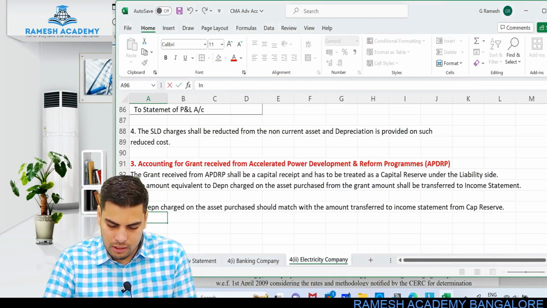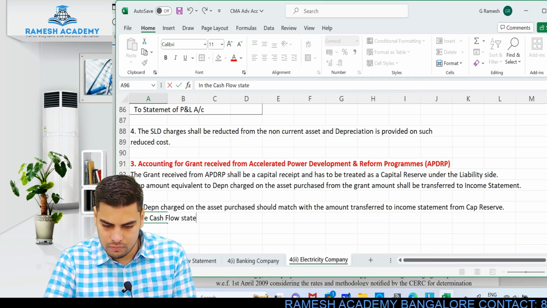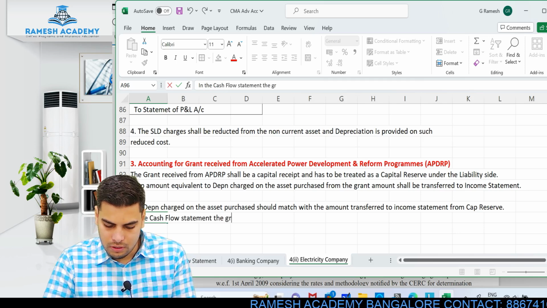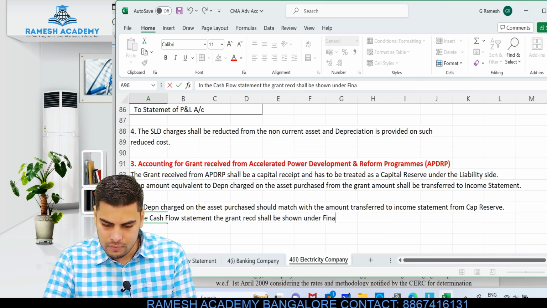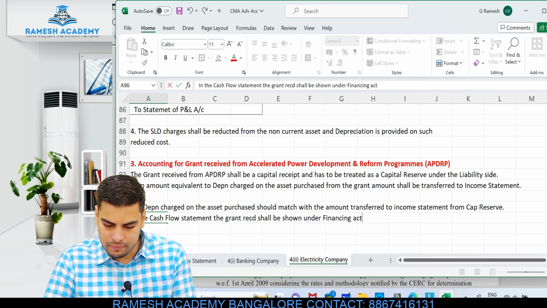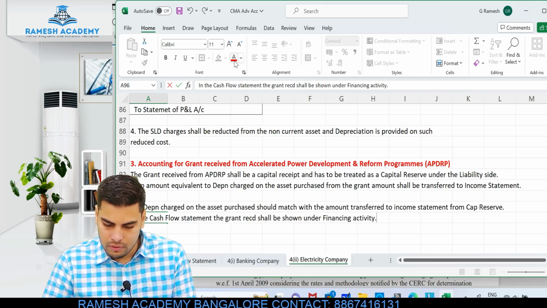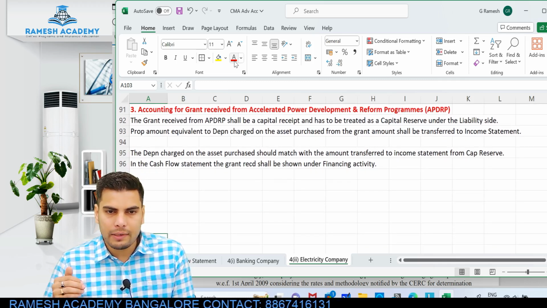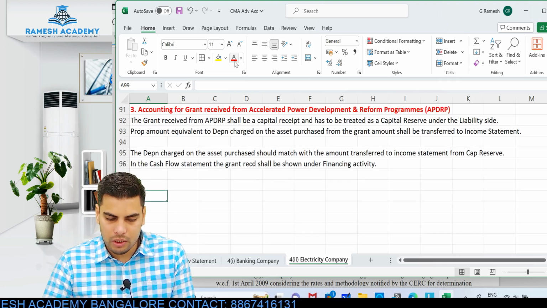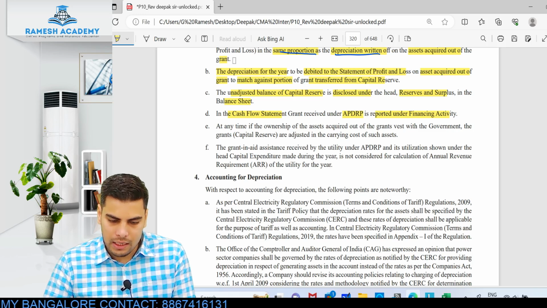So in the cash flow statement, the grant received shall be shown under financing activity. I hope you guys remember this. Remember operating activity, financing activity and investment activity. This grant amount, whatever we are receiving, will be shown under financing activity.